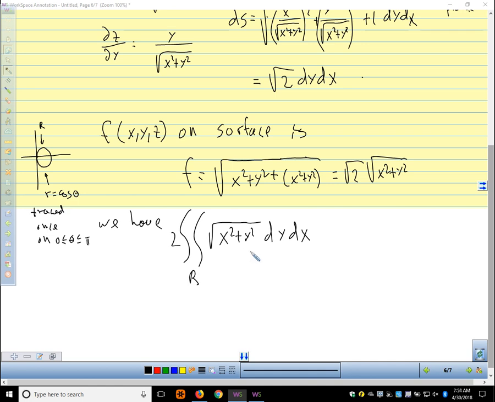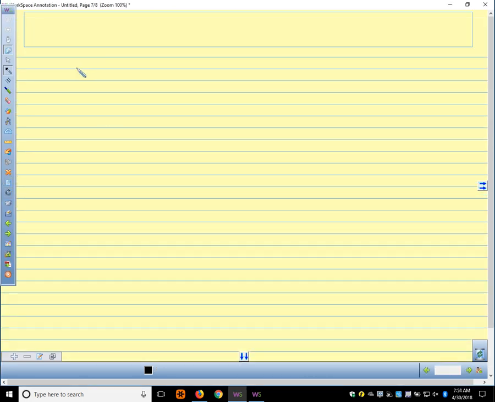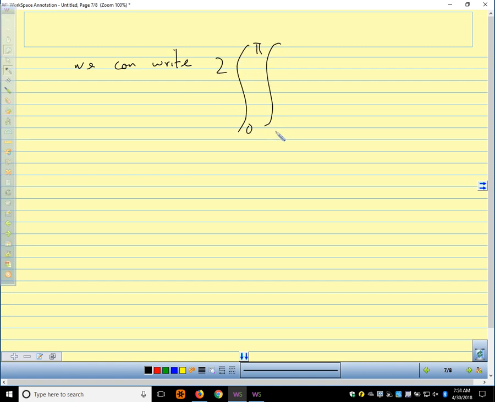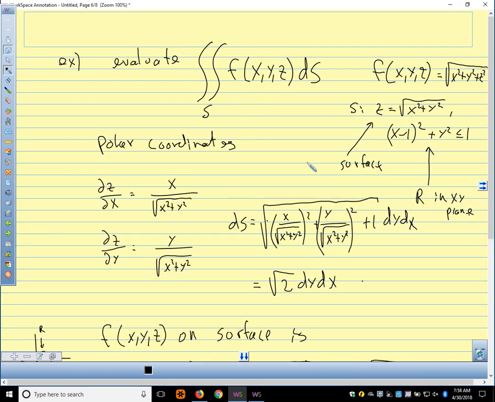So now we can set up our integral. We have 2, integral from 0 to pi, the integral from 0 to 2. Is it r cosine theta or is it 2 cosine theta? Did I write this?